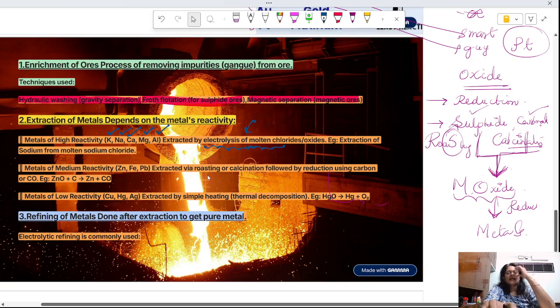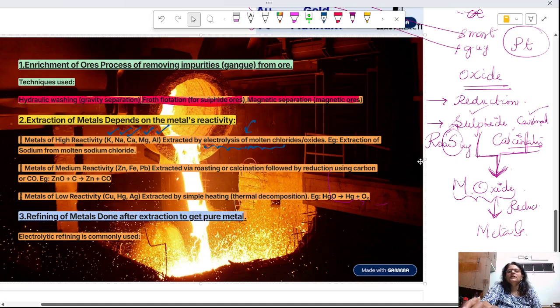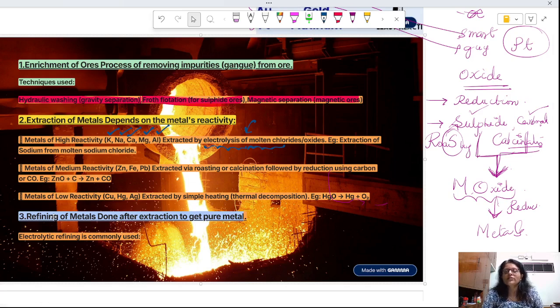So the metals with medium reactivity are extracted via roasting or calcination, followed by reduction using carbon or just heating sometimes. The third type is the low reactivity series, like copper glance, copper carbonate, and mercuric sulfide or cinnabar.